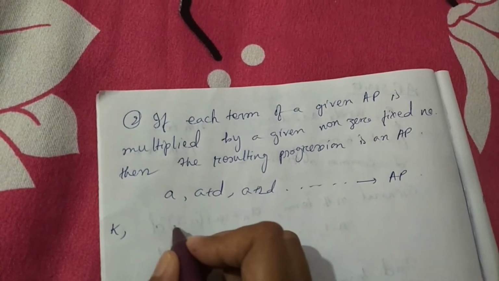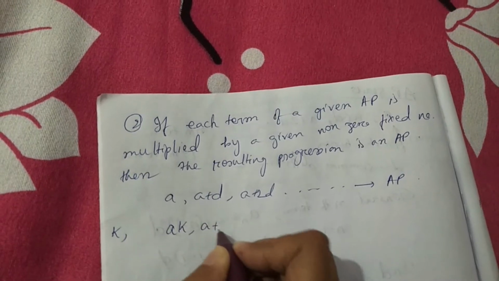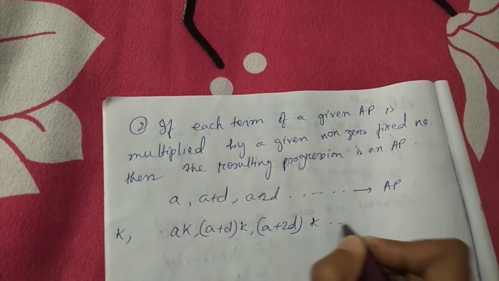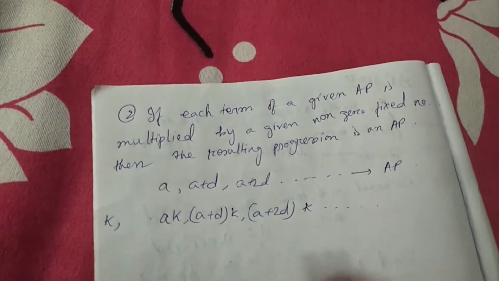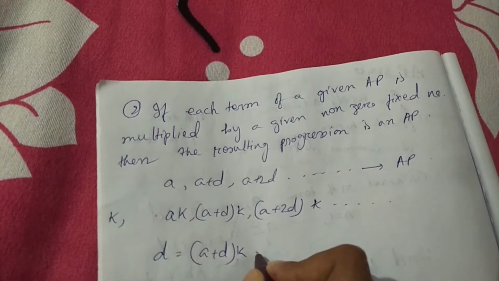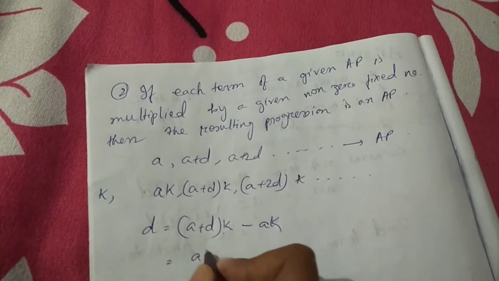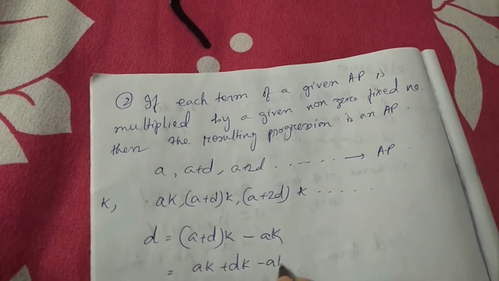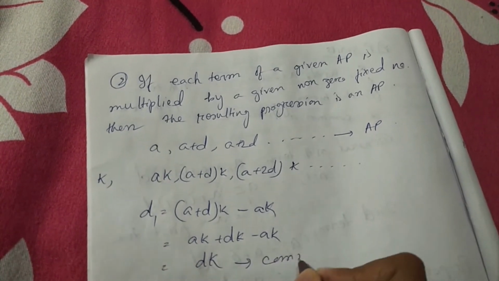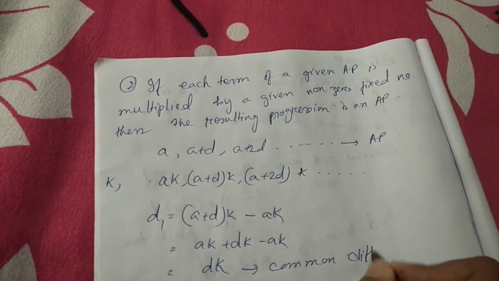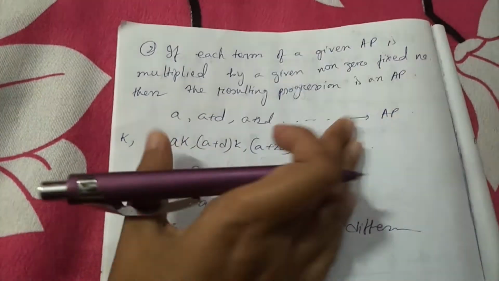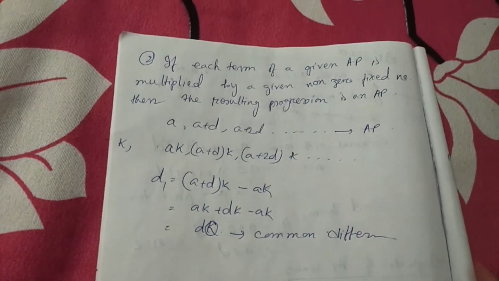If you multiply this series by k, the series becomes ak, (a plus d) into k, (a plus 2d) into k, like this. So what will be the common difference? It is (a plus d) into k minus ak, which is ak plus dk minus ak, which is dk. So the common difference will become dk, where k is the fixed number we multiplied with the initial AP series.